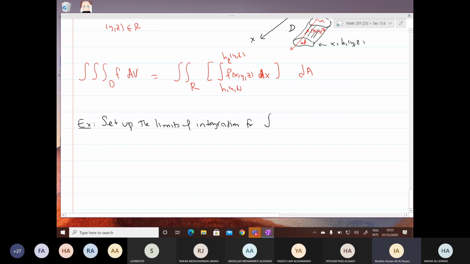for the triple integral over D of f(x,y,z) dV.